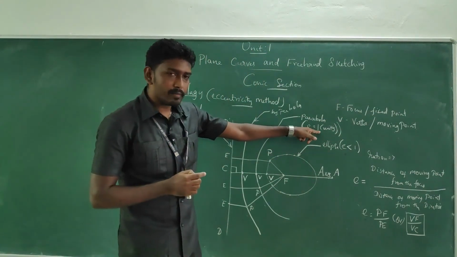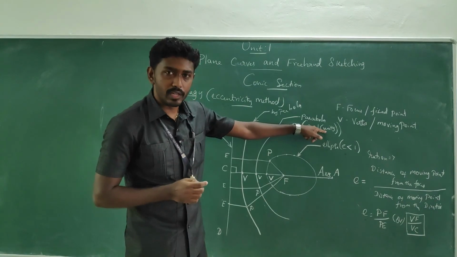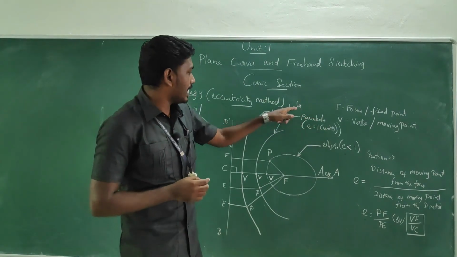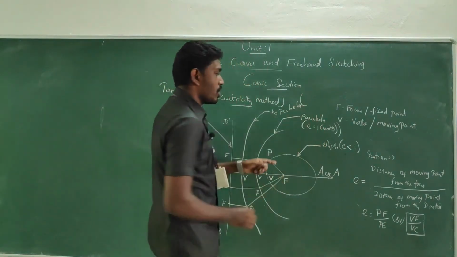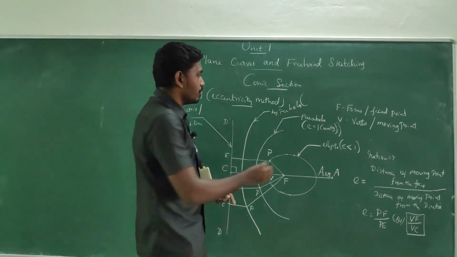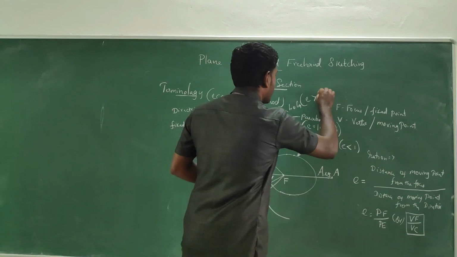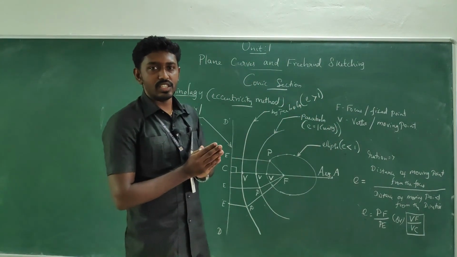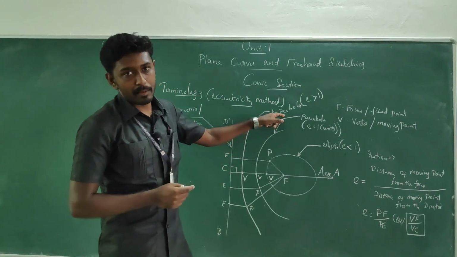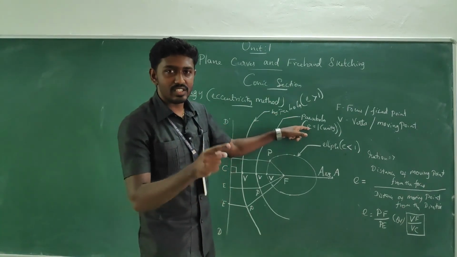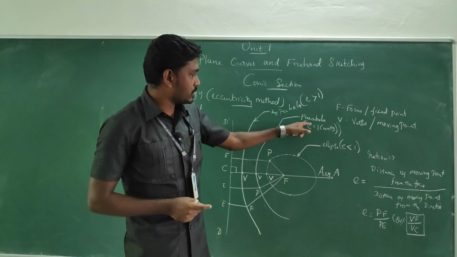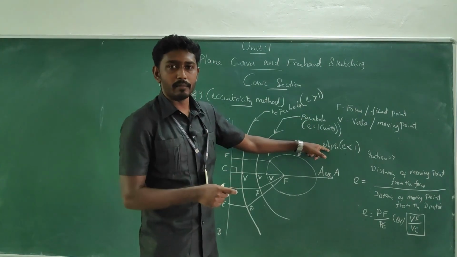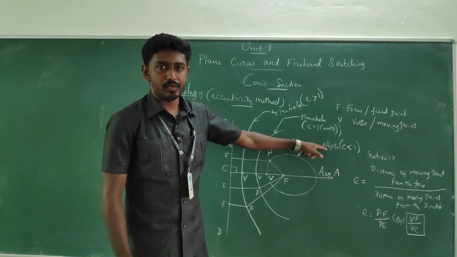Sometimes they give us 1, sometimes they mention unity. If it is unity, then it is a parabola, and if it is a hyperbola, our eccentricity value will be greater than 1. If the eccentricity is greater than 1, it's a hyperbola. If the eccentricity is equal to 1, it is a parabola. If the eccentricity is less than 1, then it is an ellipse.